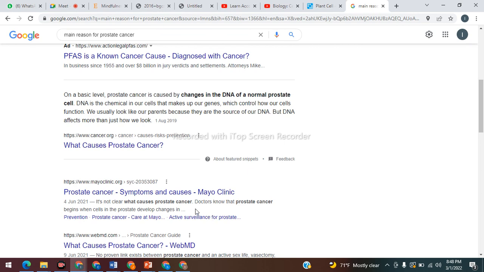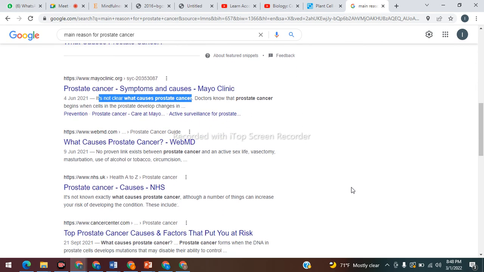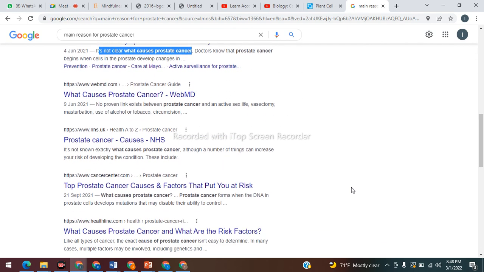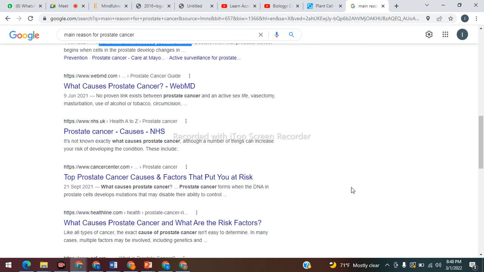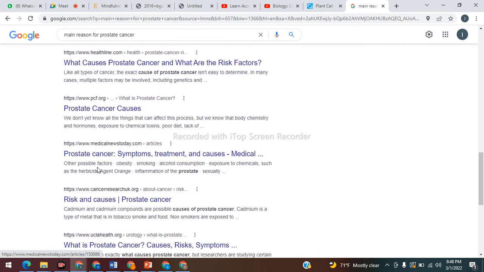Yeah, they always start off with, it's unclear what causes it. I don't know, I'll have to look that up some more, but I don't know offhand. But they say possible factors are obesity, smoking, alcohol consumption, and exposure to chemicals. So these are some.